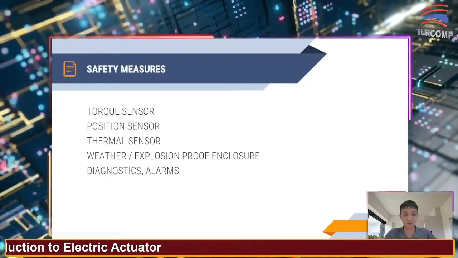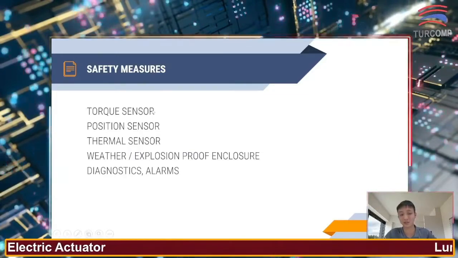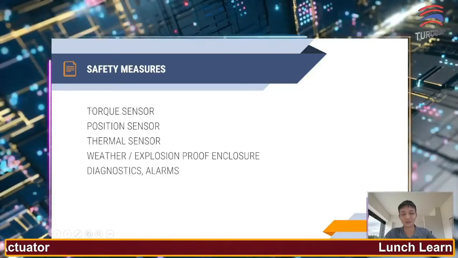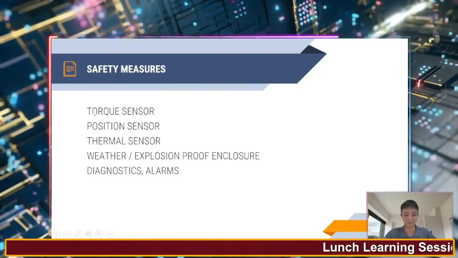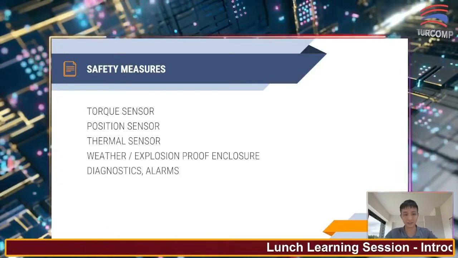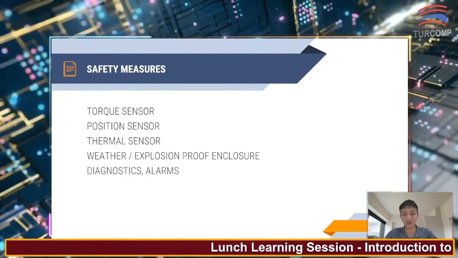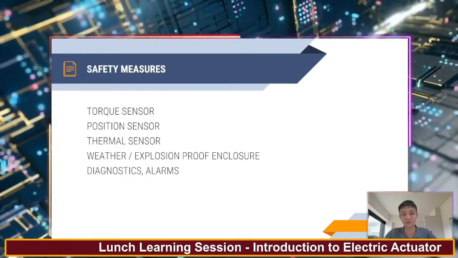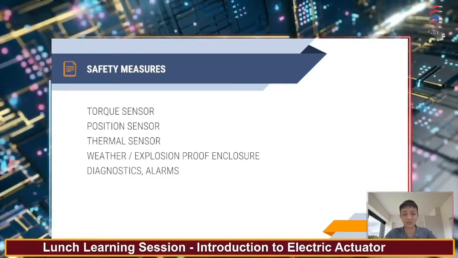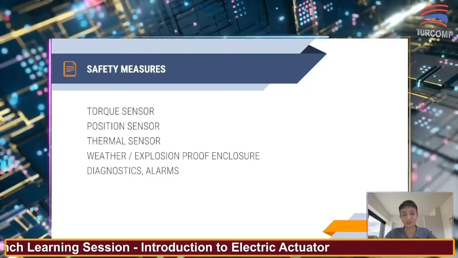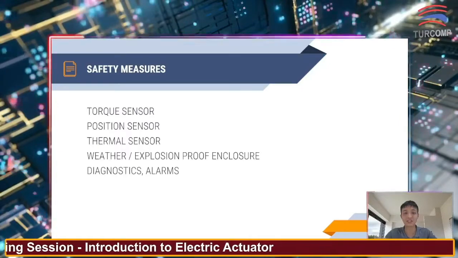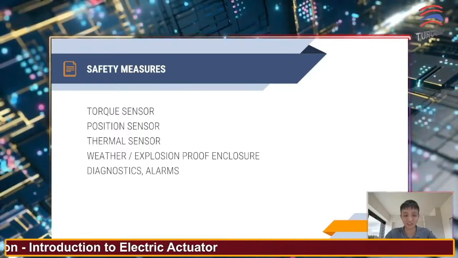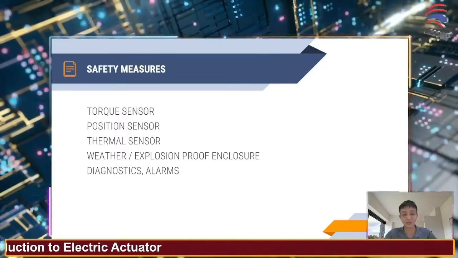The first one I'm going to talk about is the torque sensor. So what does the torque sensor do? The torque sensor basically monitors the torque value. For example, if the valve starts to jam, the torque sensor can sense that the torque is beyond the limit.